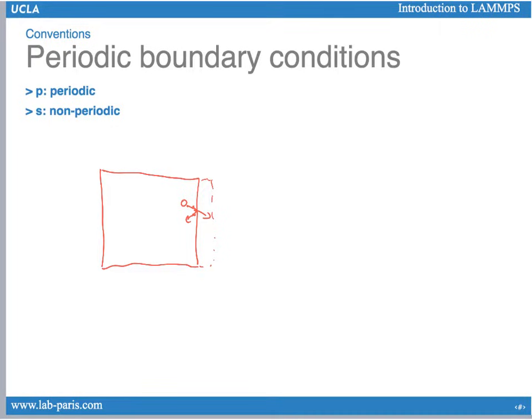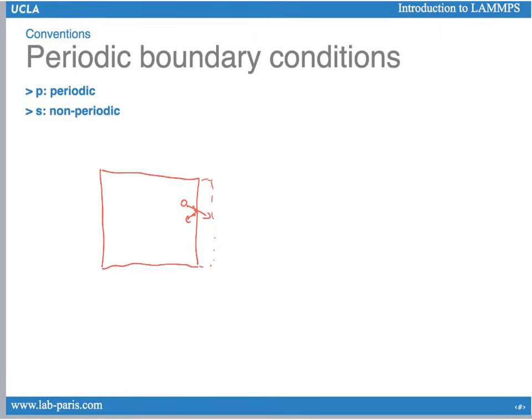In real life, atoms are very small and the surface is a very low fraction of the system itself. But here, the surface is a very large fraction. So typically, we don't want to simulate a small system that is surrounded by a surface.